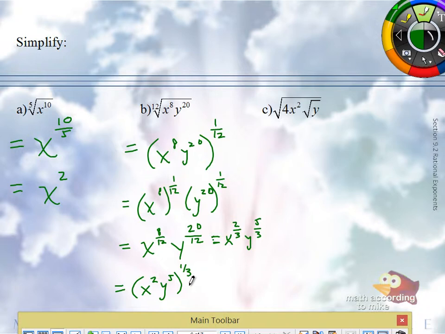So now I used rule number 3 in reverse. And since it's a 1/3 power, I can write that back as a radical as the cube root of x squared y to the 5th.